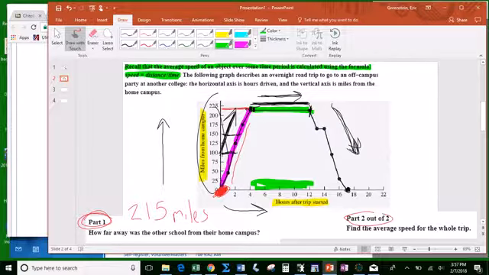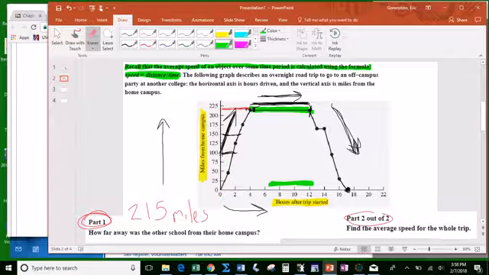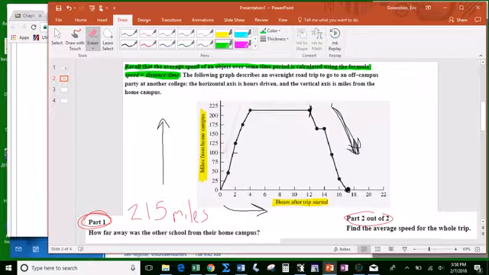How many hours were spent driving? Hmm, all right, now let's think about this. I'm going to get rid of all of this and clear it up. So how many hours were spent driving?